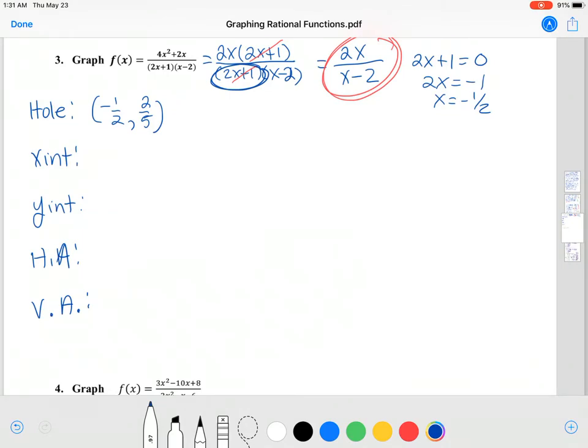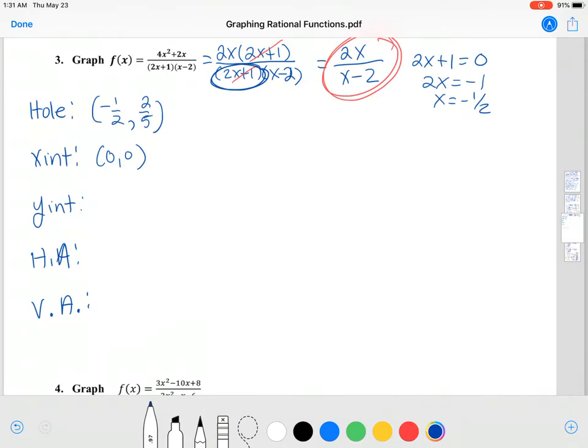Okay, the x-intercept is the value of x when y is 0. So I want to look to see what makes the numerator 0. And in this case, it would be 0, 0. For the y-intercept, I want to plug in 0 for my x's and see what my y value is.